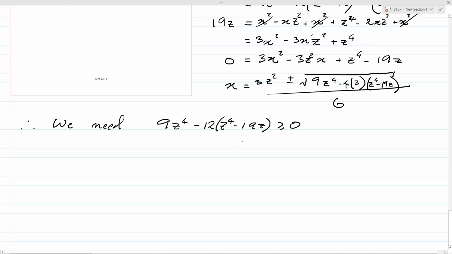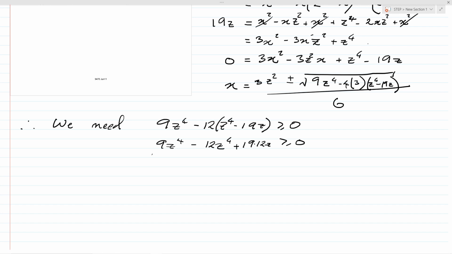And so what we're going to do is write this out as: we've got 9z to the 4 subtract 12z to the 4 plus 19 times 12z. We need this to be greater or equal to 0.